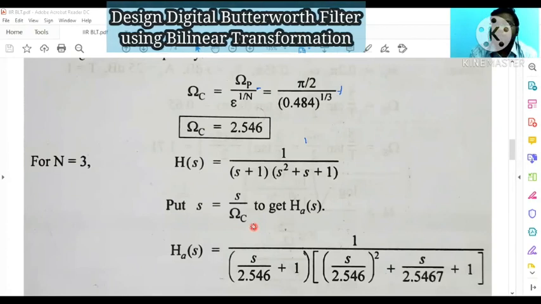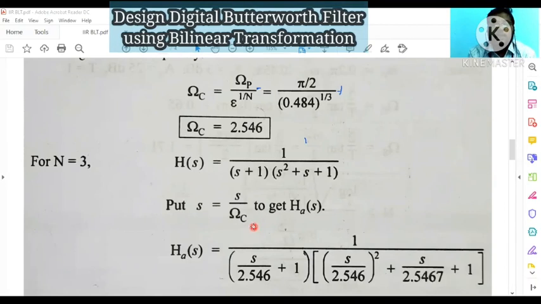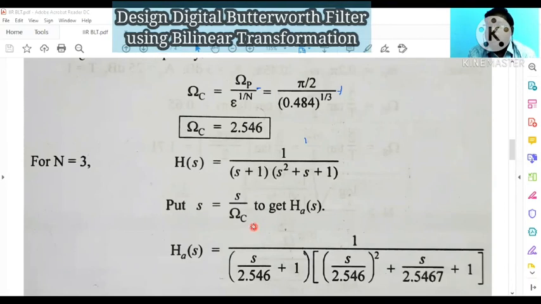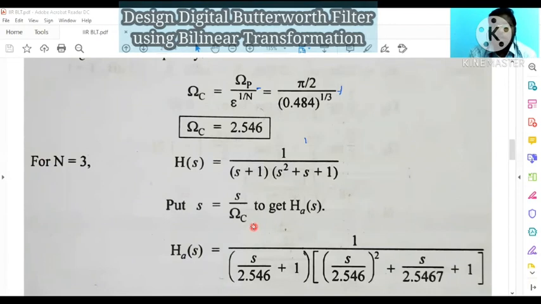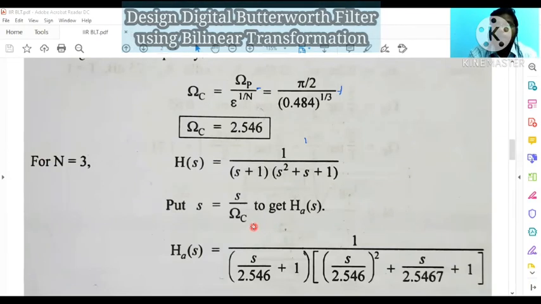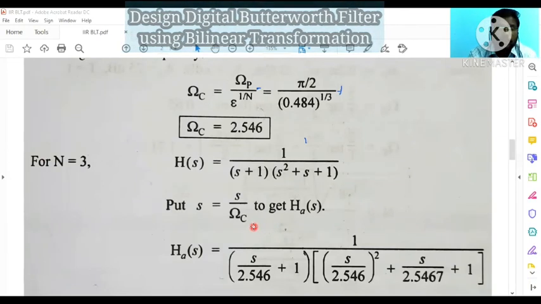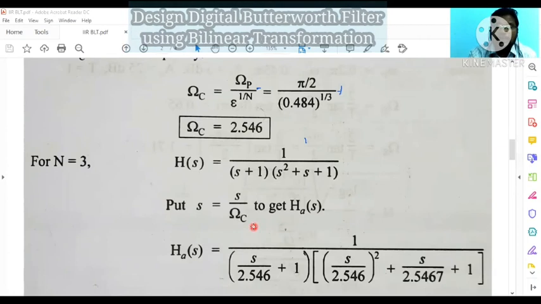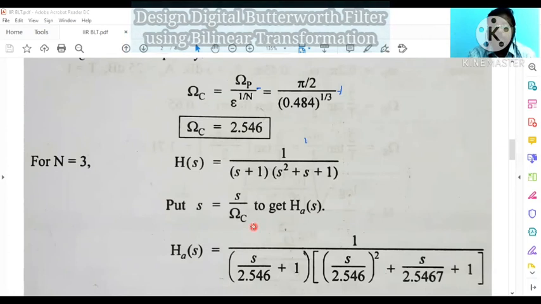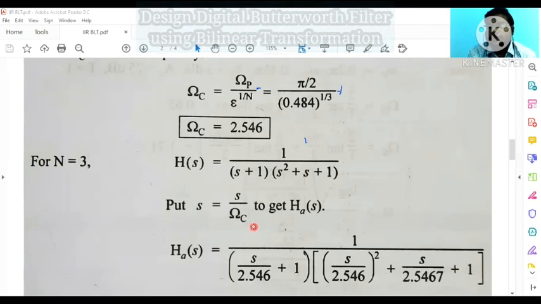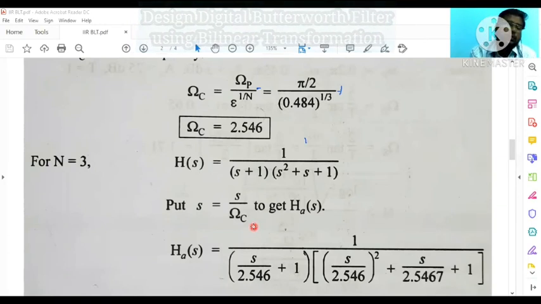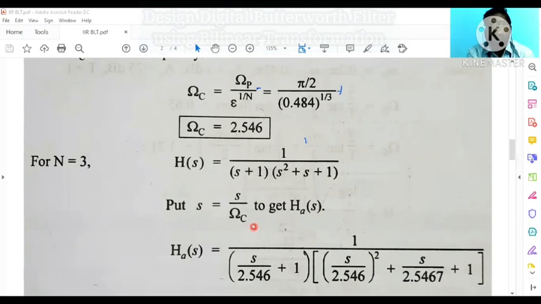In the last video itself, I said I will give all the transformation formulas: how to transform from low pass to low pass, low pass to high pass, low pass to band pass, and low pass to band stop. Before coming into this video, you just go through the previous lecture video also.